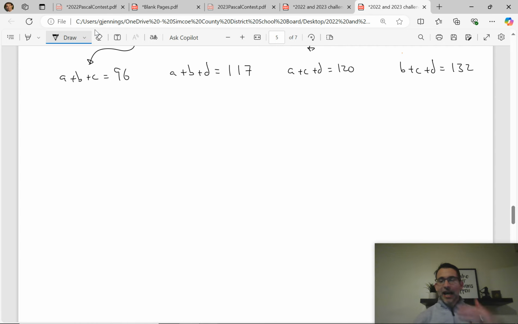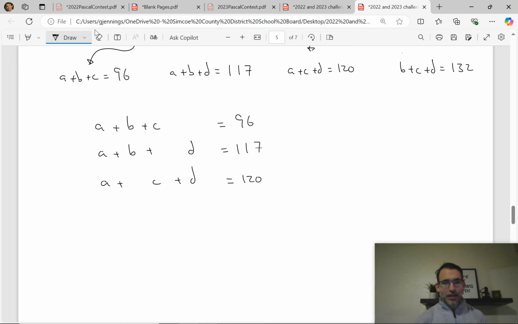Okay? I'm going to add all 4 of these equations together, all of them. Watch this. A plus B plus C equals 96, plus A plus B plus, you guessed it, D equals 117, plus A plus C plus D equals 120.